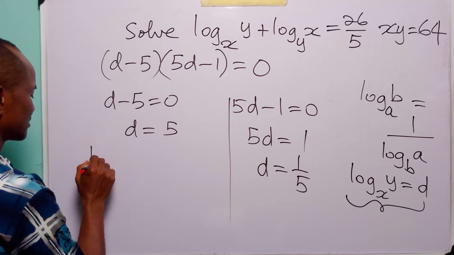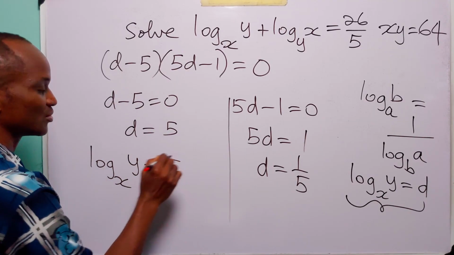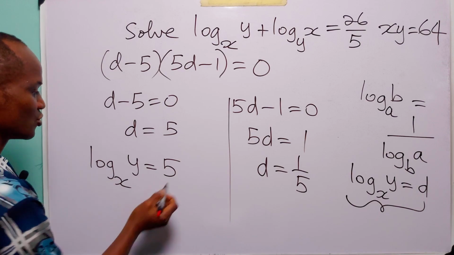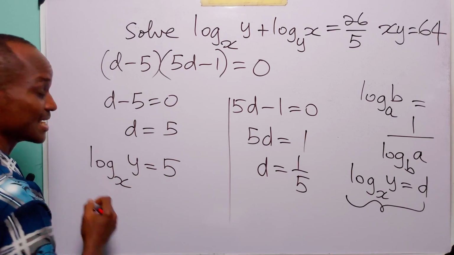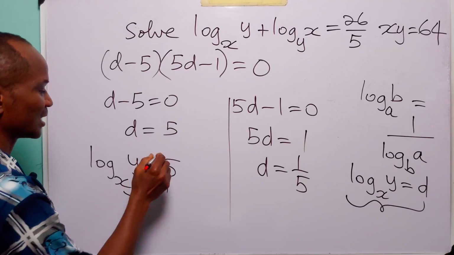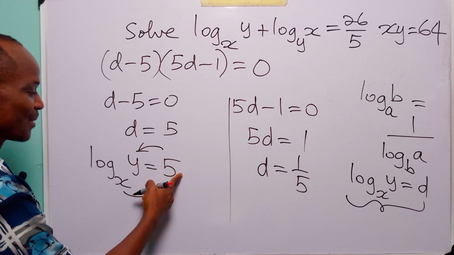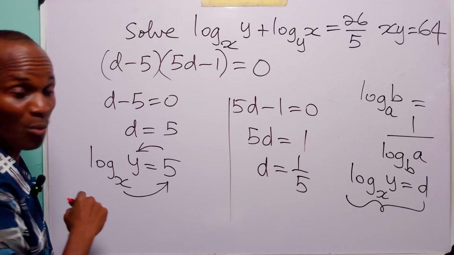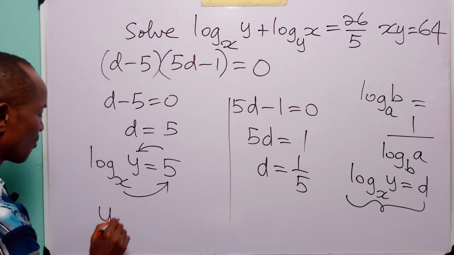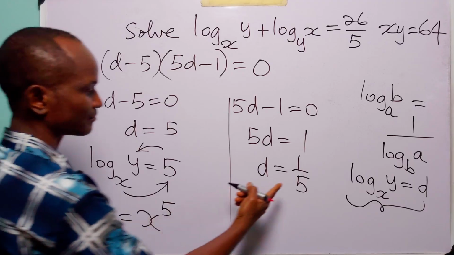So here we have that log to base x of y is equal to 5. And of course, you know that this statement simply means that x to the power 5 is equal to y. So y is equal to x to the 5th power.